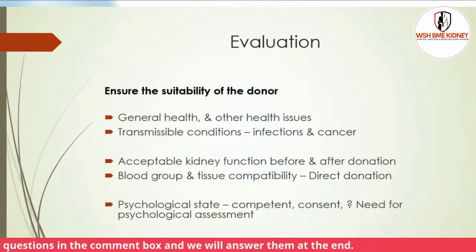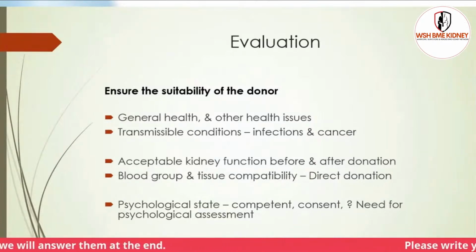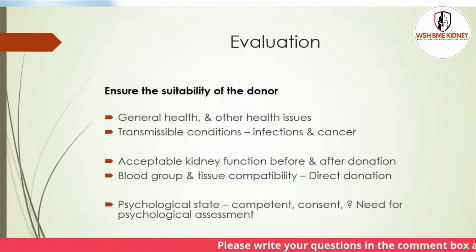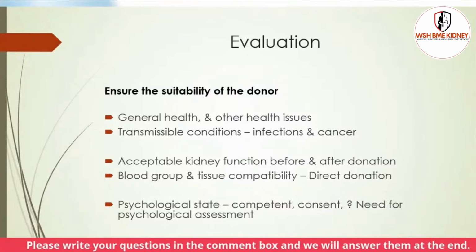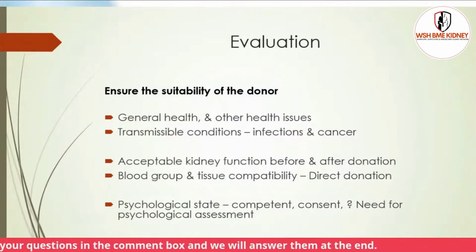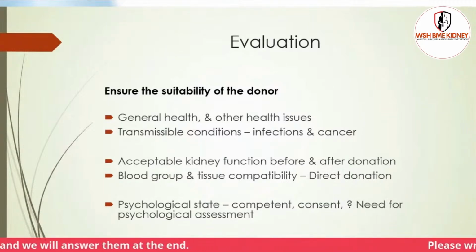Now, acceptable kidney function. We want to make sure that after donating their kidney, the patient will still have good enough kidney function to lead a normal life. We also want to check whether the patient is compatible, blood group and tissue compatibility with the recipient. This is only in case of direct donation.